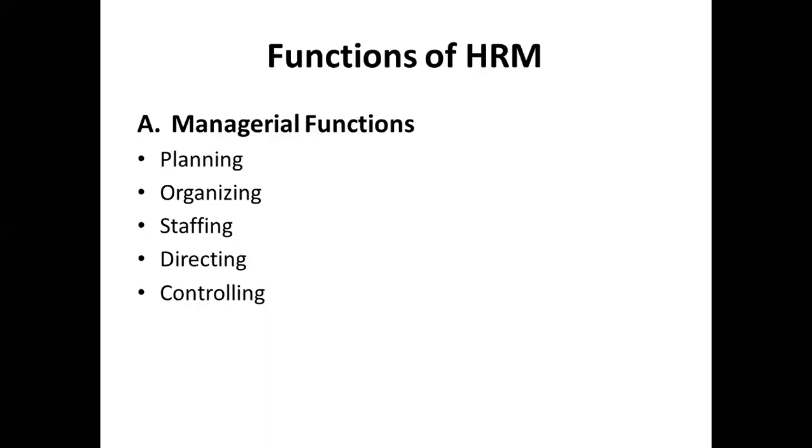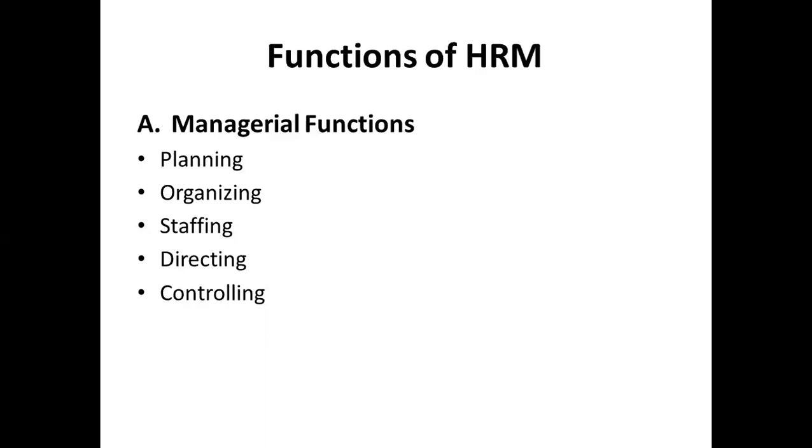The fourth managerial function is directing. In simple terms, directing means showing the route or path to travel. In terms of HRM, directing decides the actions that the employees are going to take in order to achieve the overall organizational goals.